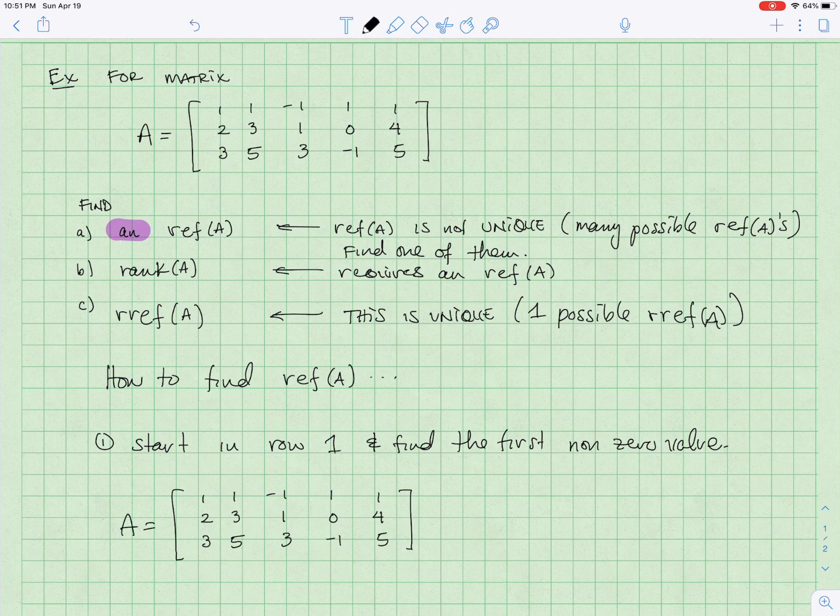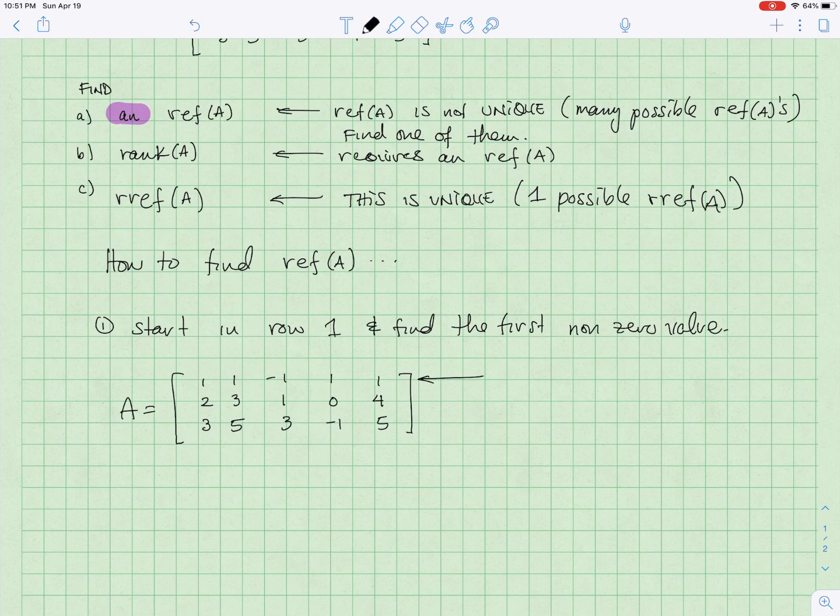Okay, so this is A, and this is our current row number 1, and this is the first non-zero position in that row. This is called a pivot position. Since it is 1, it is also a leading 1.